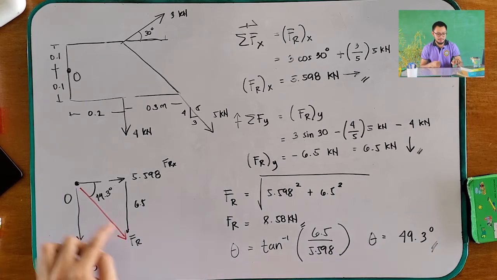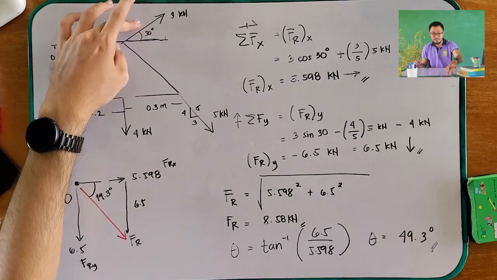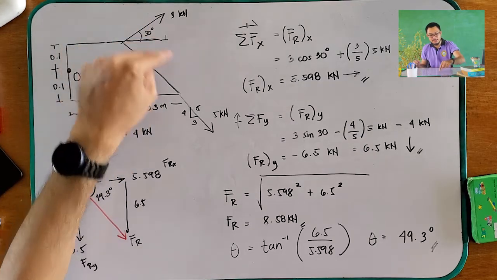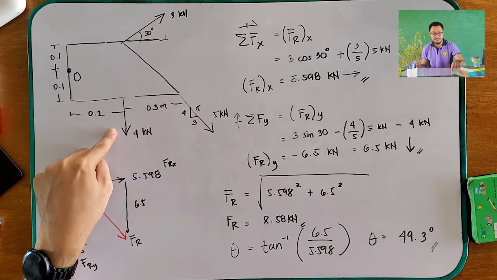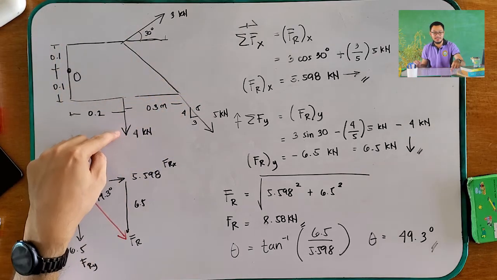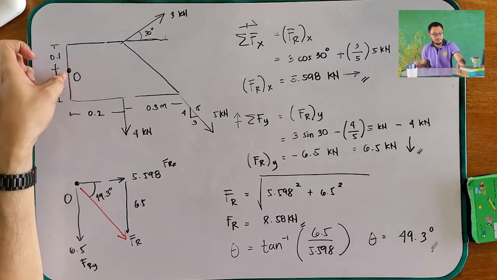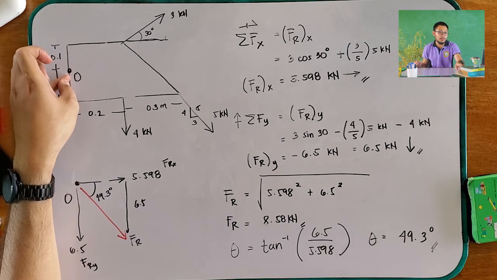Okay? So, are we done? Not yet. Why? Because ang ato pagi-solve is ang resultant force sa aning tulo ka forces. And then, di ba? Principle of transmissibility. We can transfer the resultant of these three forces to your point O. But we are not done yet.